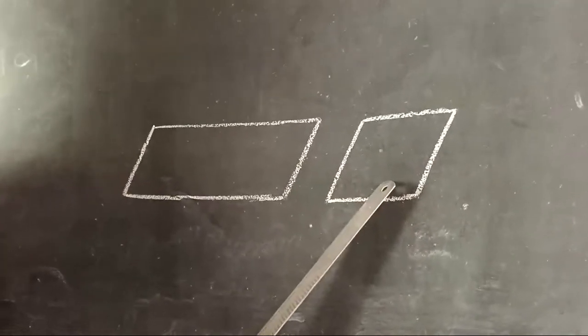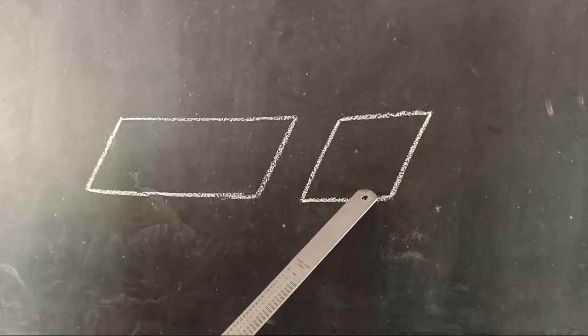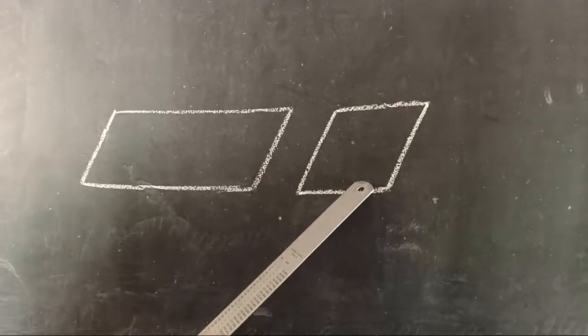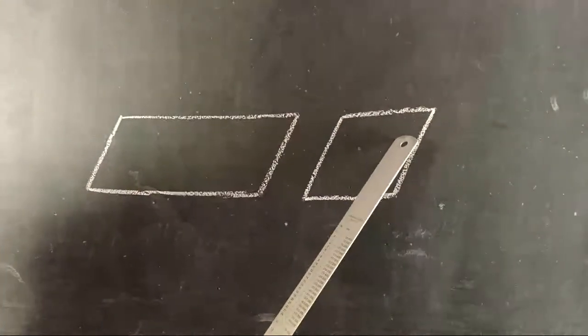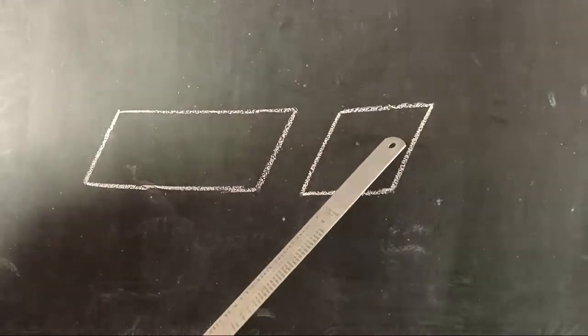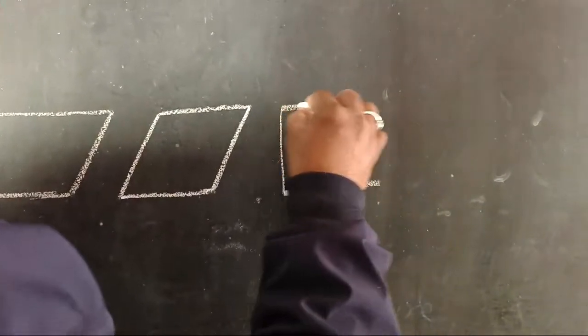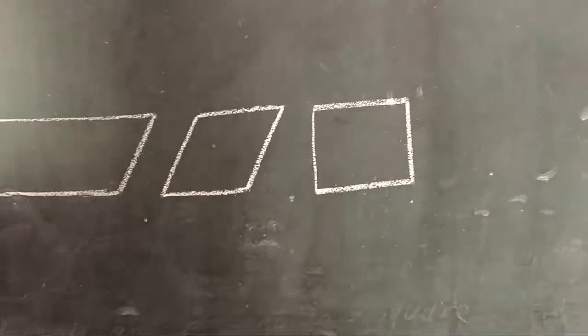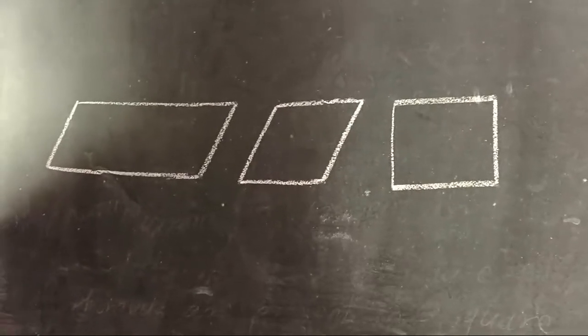If each angle of a rhombus is 90 degrees, then it becomes a square. Good. Small answer, not loud, because no conflict.